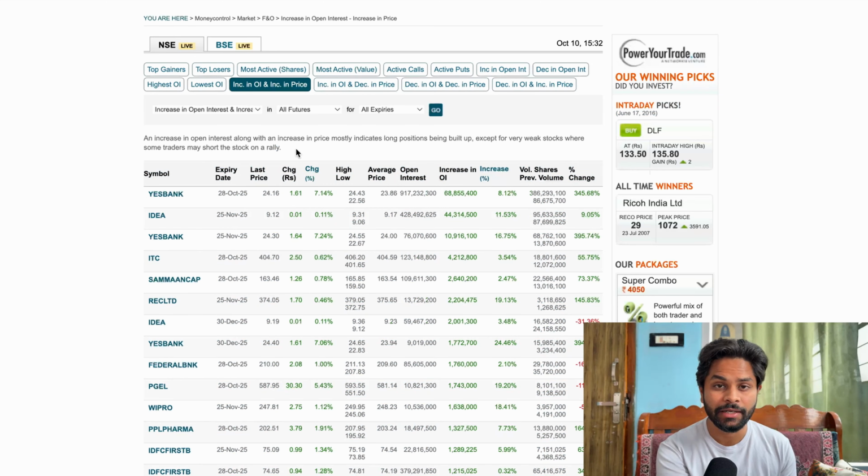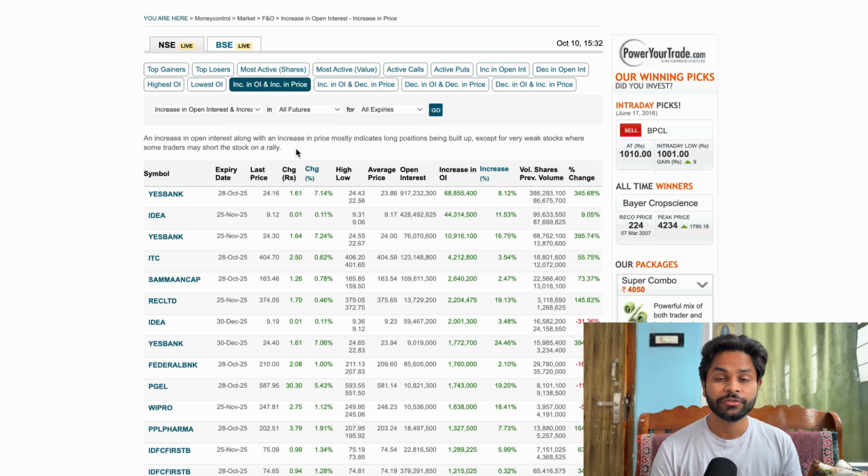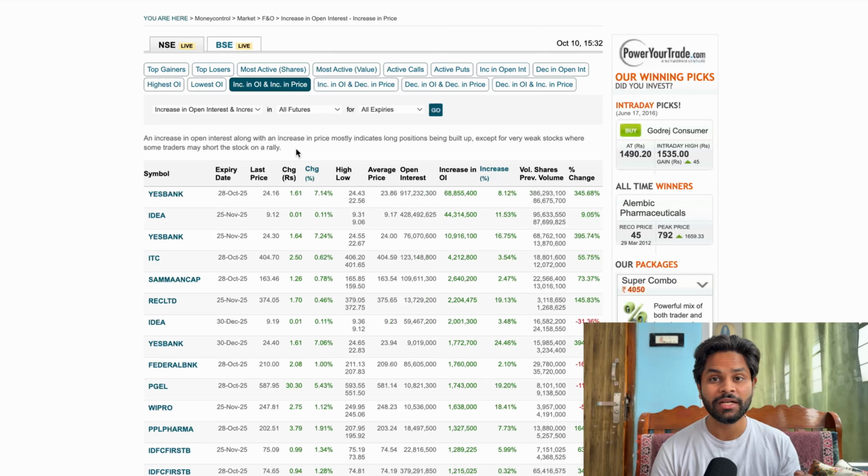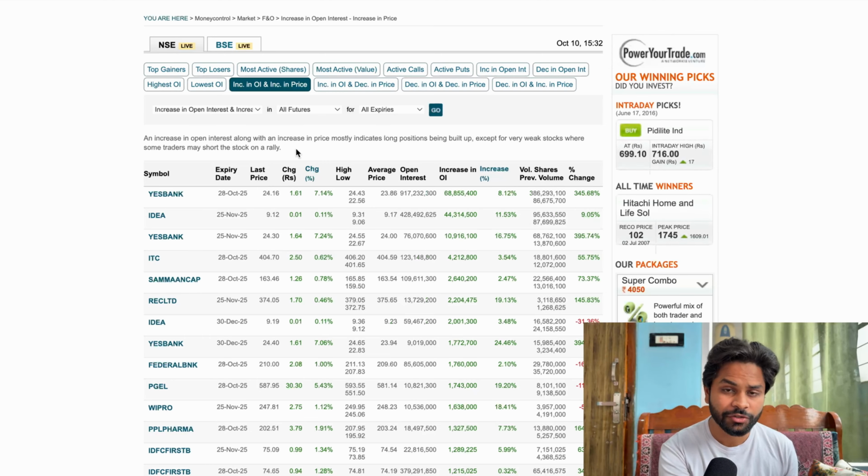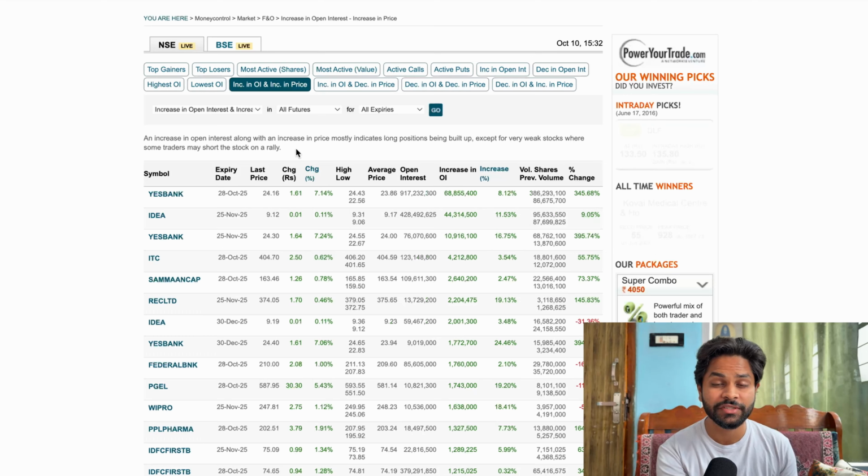Increase in open interest and increase in price means people are buying that stock in futures. Long is getting built up in that stock. So if Nifty is bullish, let's say the overall market is bullish and your view is bullish, you want to take trades in stocks which are in that direction or trend.